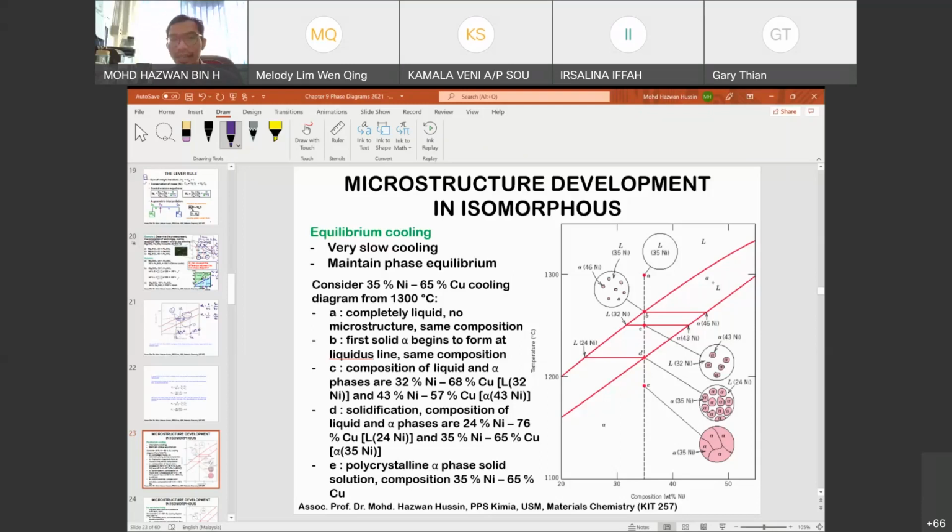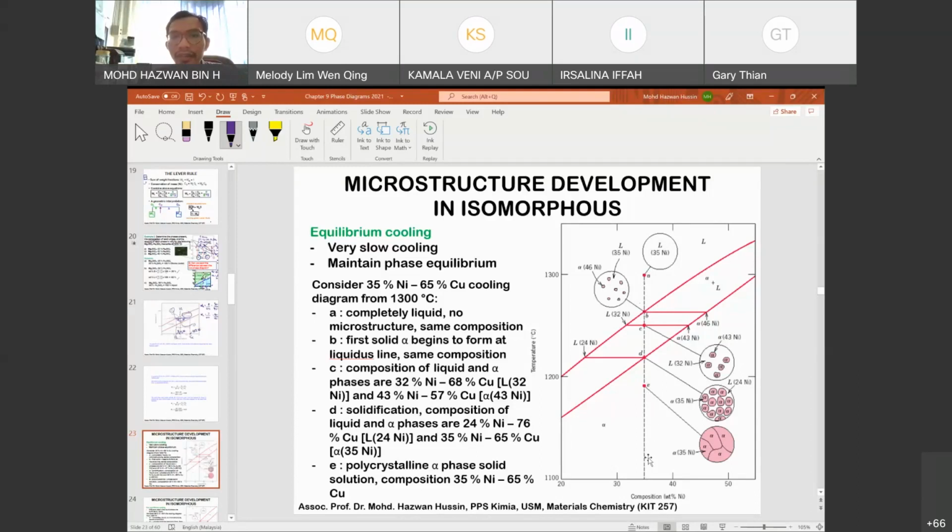Okay, so the last slide for today is basically on the microstructure. Since we are talking about isomorphous systems, in order to produce the alloy, first we melt the elements together until they become liquid, and after we mix, it will be solidified to form the alloy.